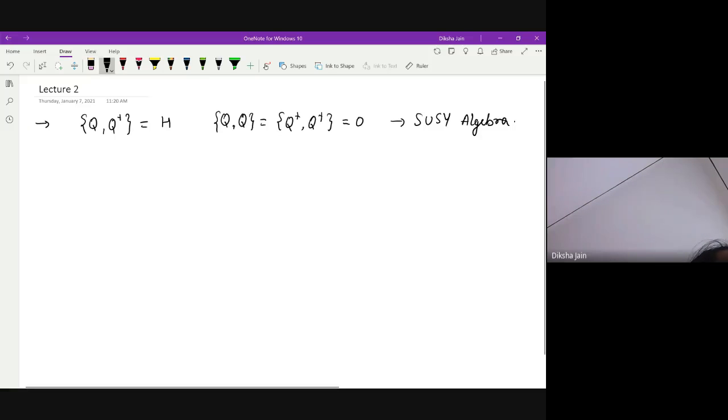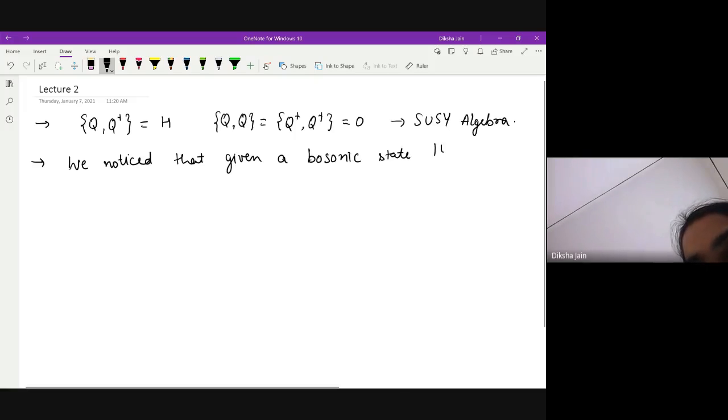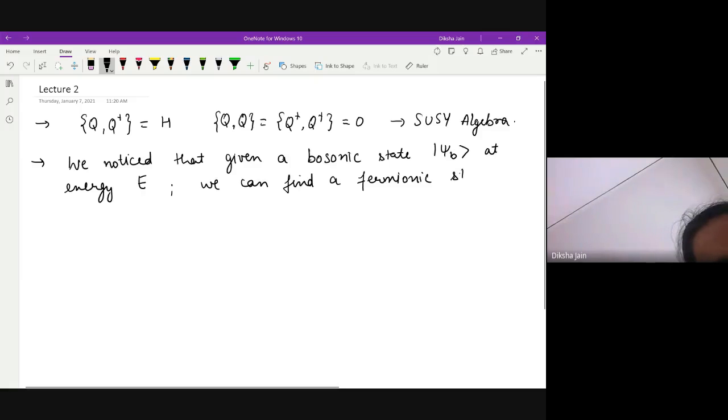We also noticed another thing, that given a bosonic state, let me call it psi boson at energy E, we can find a fermionic state psi f at the same energy.